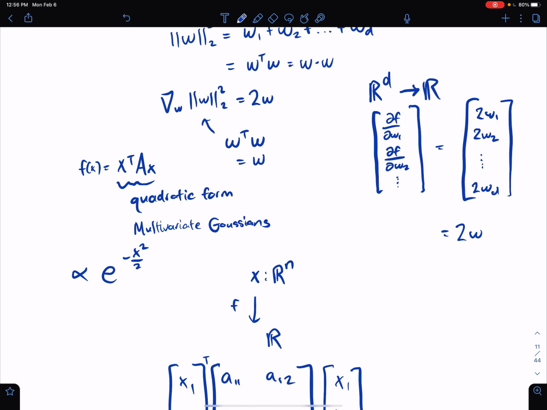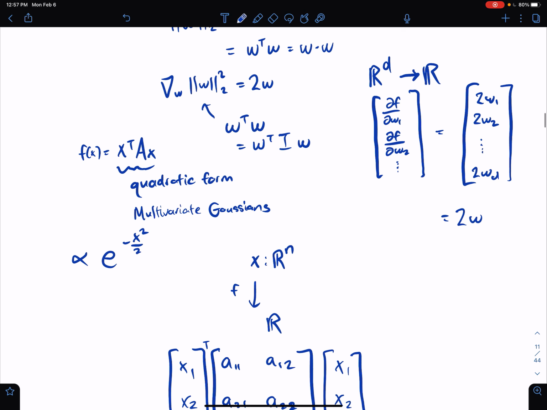So it's W transpose I W. So the gradient with respect to W, if we use our answer, is going to be 2IW equals 2W. So it's in general just an important concept to keep in mind. It speeds up a lot of calculations.